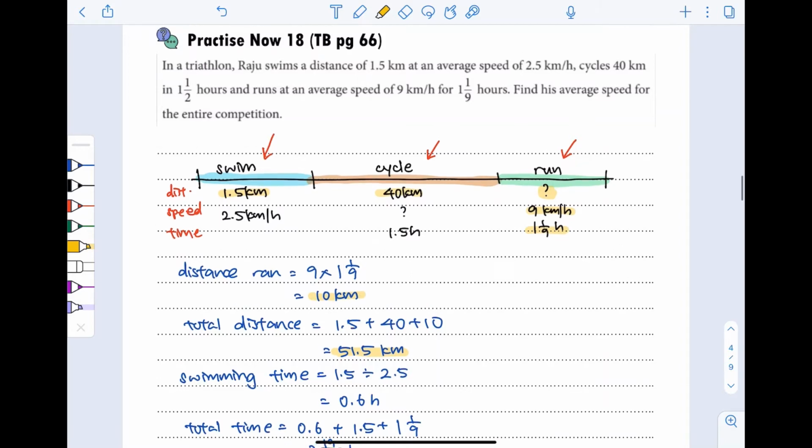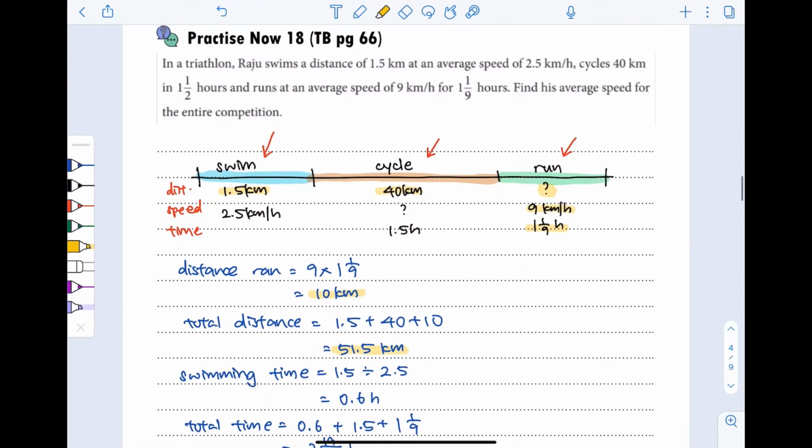The next component that we need in finding out our average speed is the time component. So the time component is missing for the swimming part. We can find that out by using the distance and the speed for swimming itself.